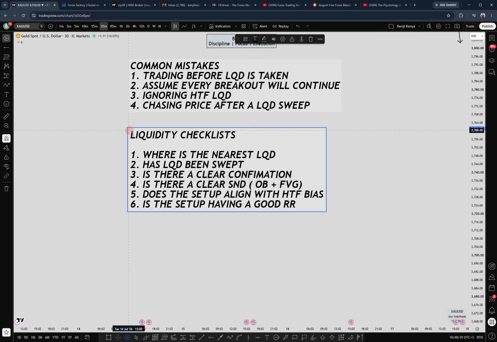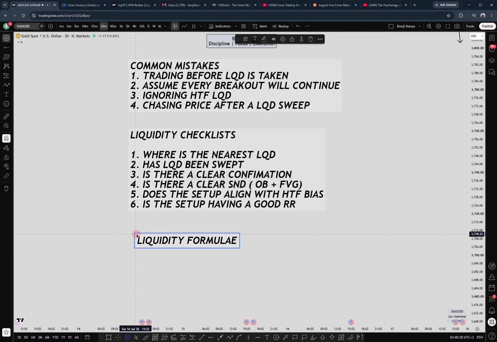So a very good liquidity formula that I can give you, so that you can understand all these concepts. Okay, liquidity formula. Understand where liquidity is resting. Once you have liquidity, understand market structure.